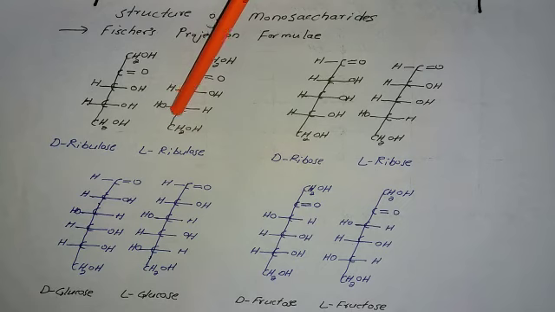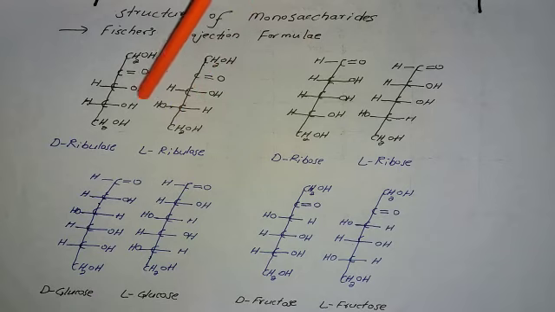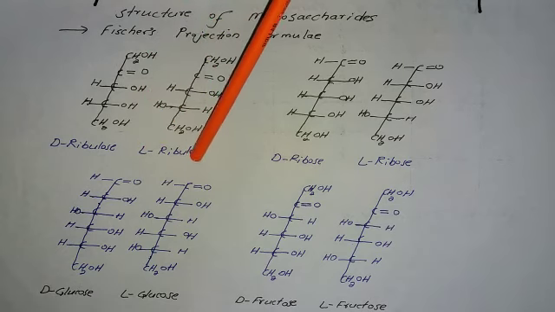Here are two asymmetric carbons, this is number 2 and this is number 3. This is farthest from the carbonyl group comparatively to this one. So this will be considered for the comparison to glyceraldehyde. The hydroxyl group is to the left side, so this is L-ribulose, just like L-glyceraldehyde.